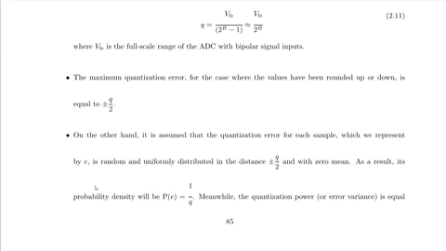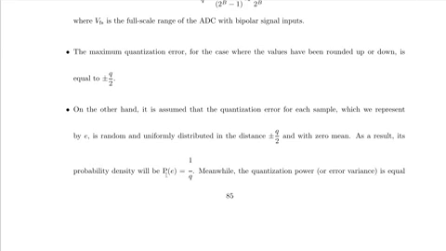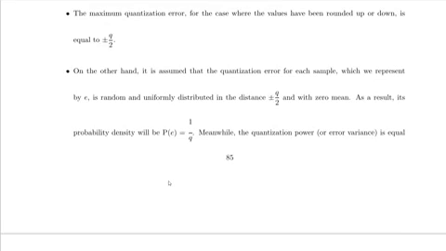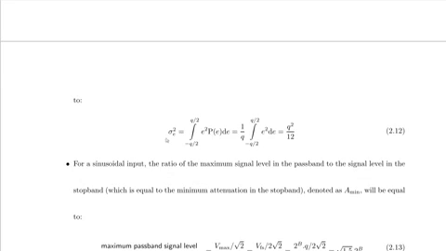As a result, its probability density will be p(e) = 1/Q. Meanwhile, the quantization power or error variance is equal to sigma_e squared, which is Q squared over 12. This is the error variance.